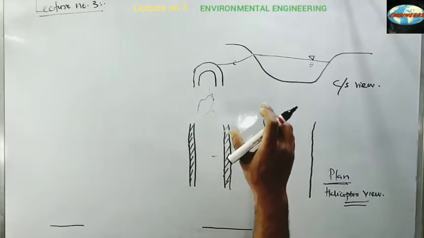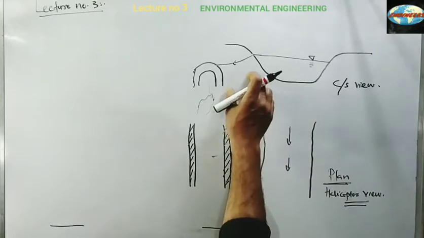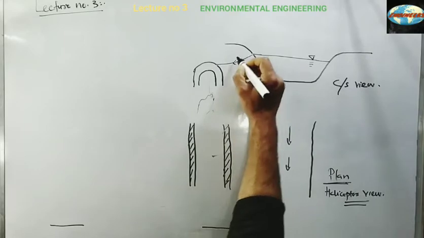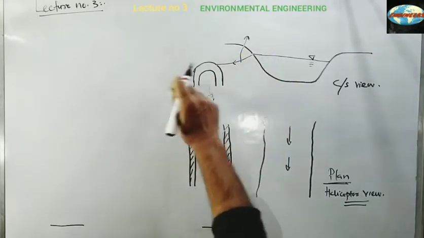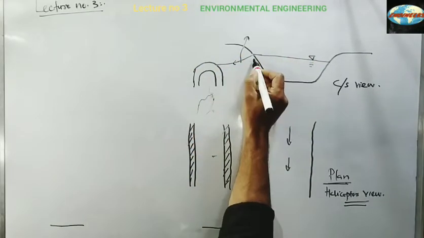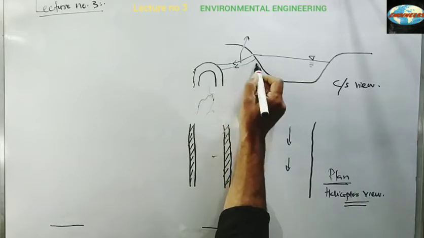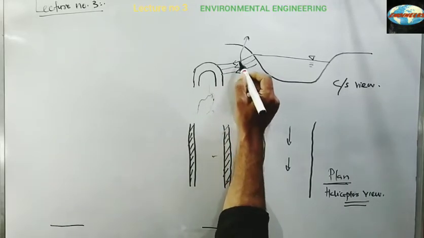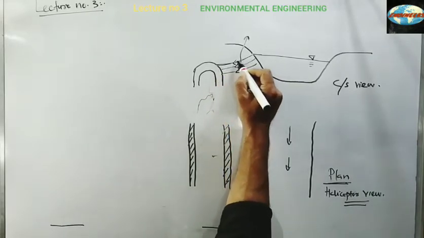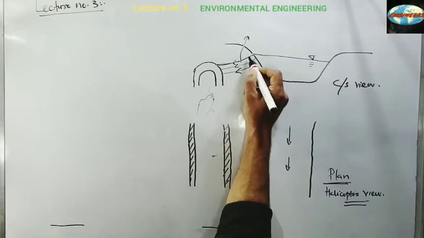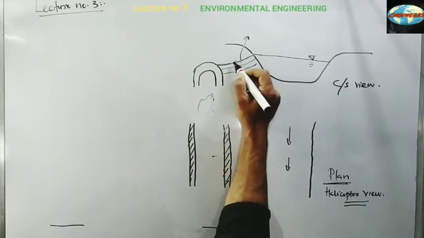These are important when we talk about dams. When seepage is occurring, there can be lots of flow lines, and the top flow line is called the phreatic line, which I am showing here.